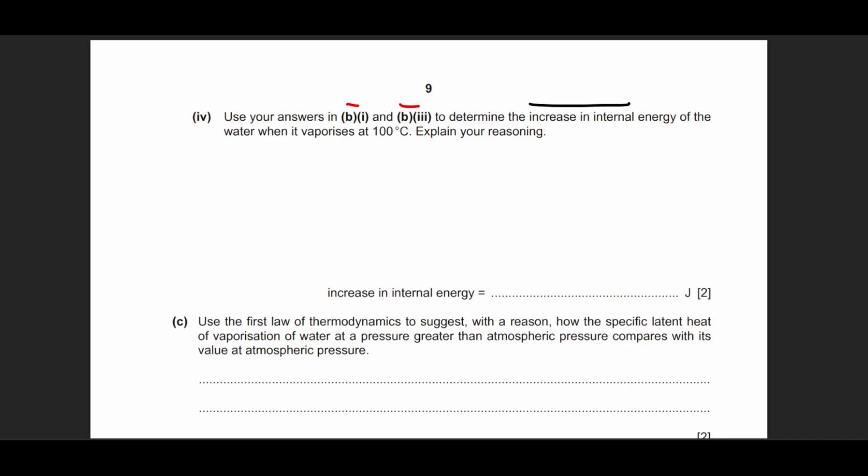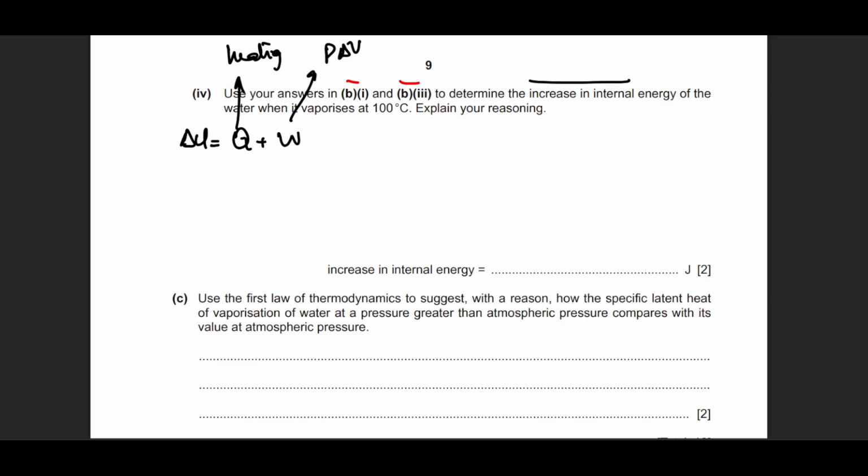Okay, so the internal energy change is equal to Q plus W. Now what is Q? Q is simple heating. And what's W? P delta V. Now to find the internal energy change, simply put, because you provided the heat, the Q will be positive.